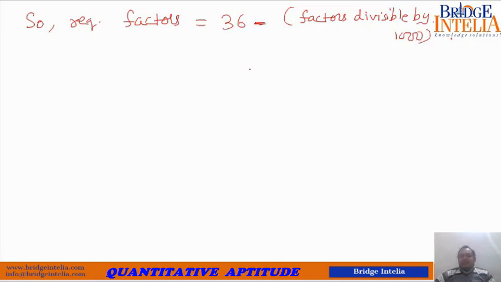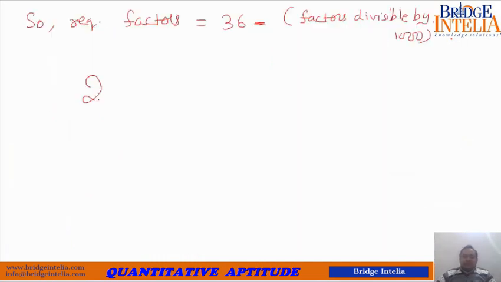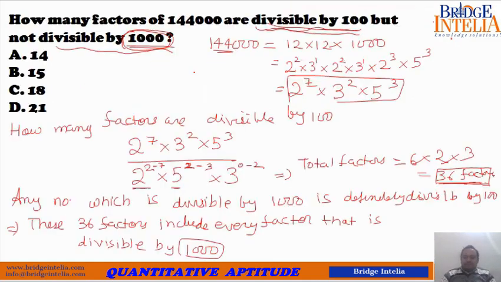So now let's find how many factors are divisible by 1000. We have to remove from here. So how many factors are divisible by 1000? This is the prime factorization, 7, 2, 3. So prime factorization is 2 to the power 7, 3 to the power 2 into 5 to the power 3. So this is the prime factorization.